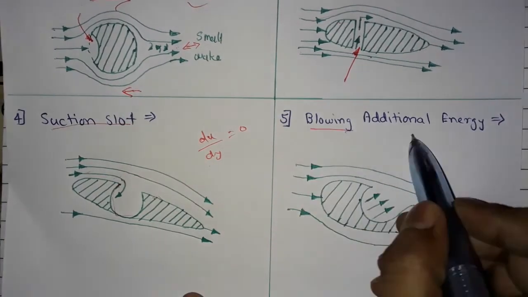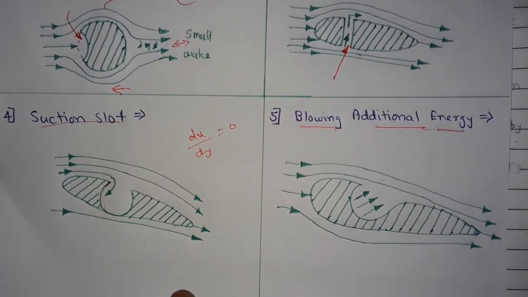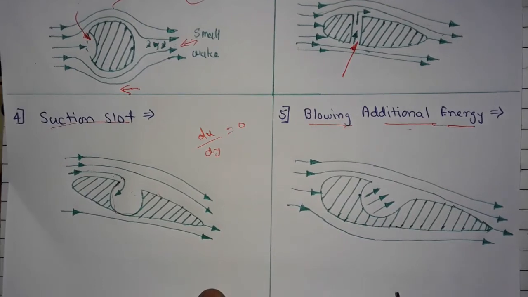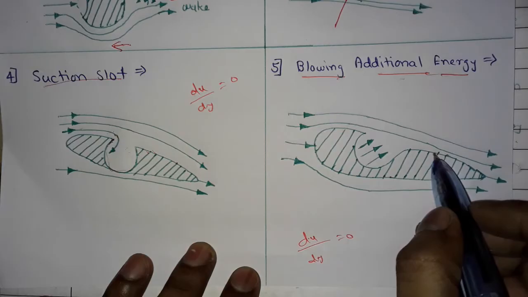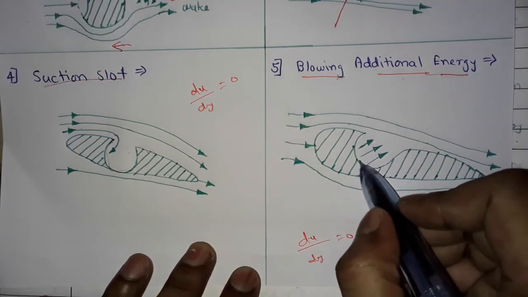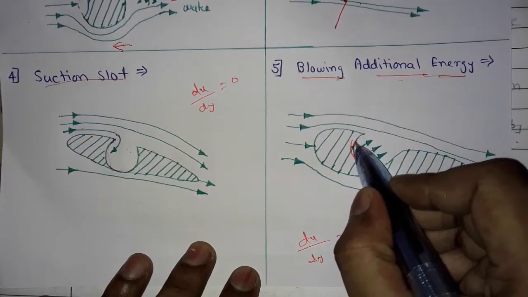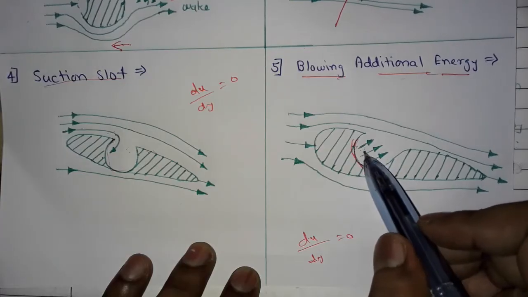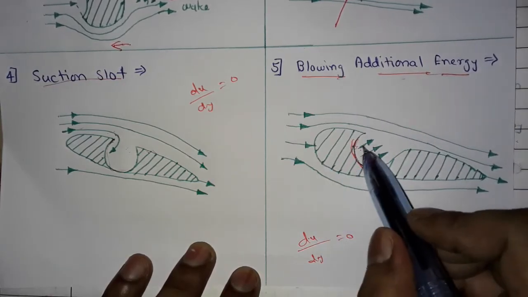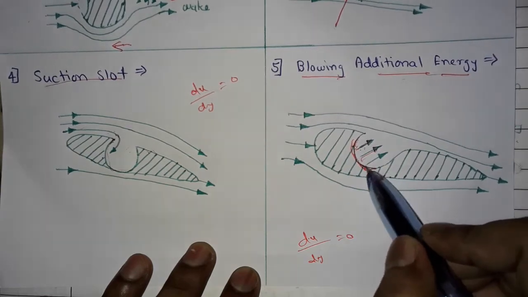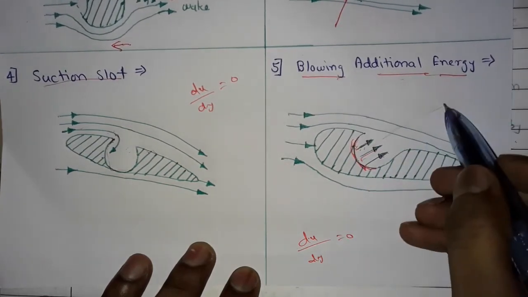Next is, friends, blowing additional energy. In this prevention method, at the point where the separation of the boundary layer occurs, or where the velocity becomes 0, that is du upon dy is equal to 0, there is a slot, and inside that slot we provide a blower. Here it is a blower, and this blower forces the fluid from this slot in this direction.